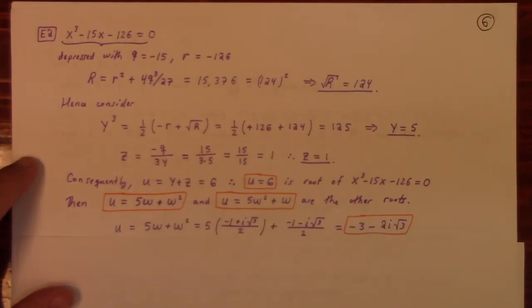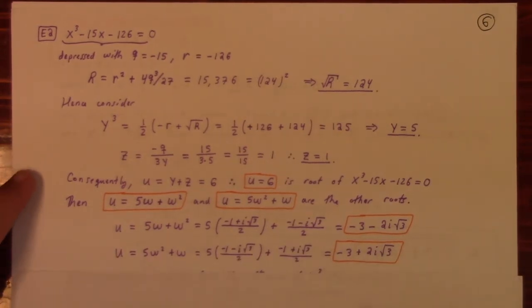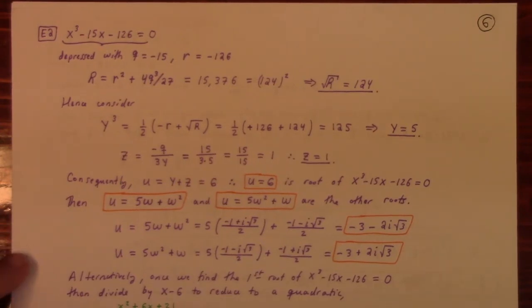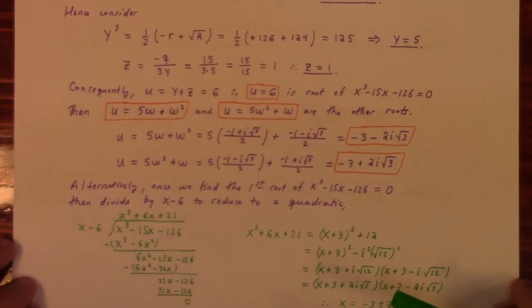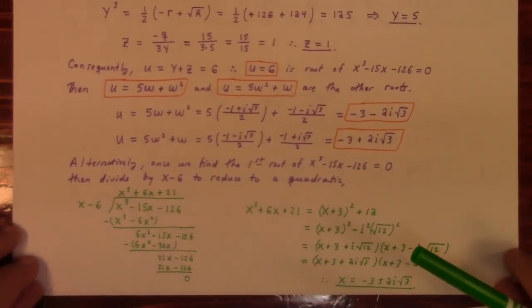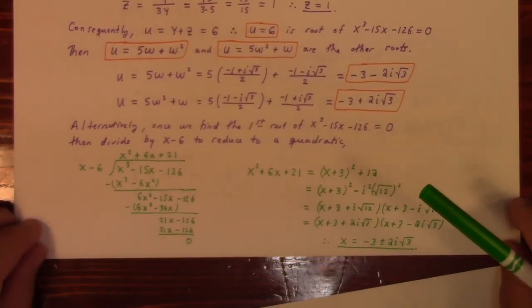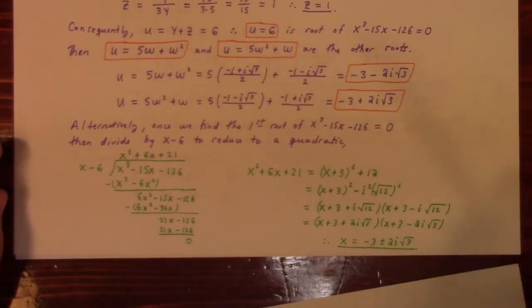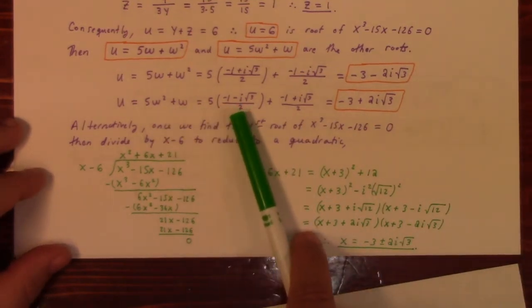Now we can be explicit. Omega is this, omega squared is that. When you add them, you get minus 3 plus or minus 2i root 3. And the other one, when we do 5 omega squared plus omega, this is the omega squared, this is the omega.